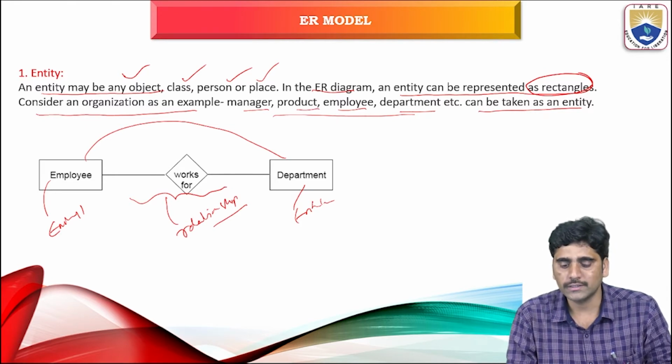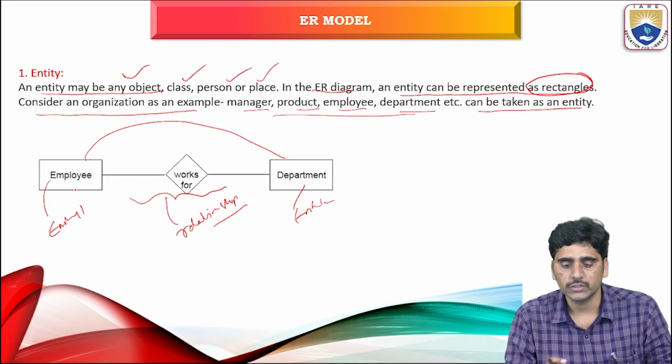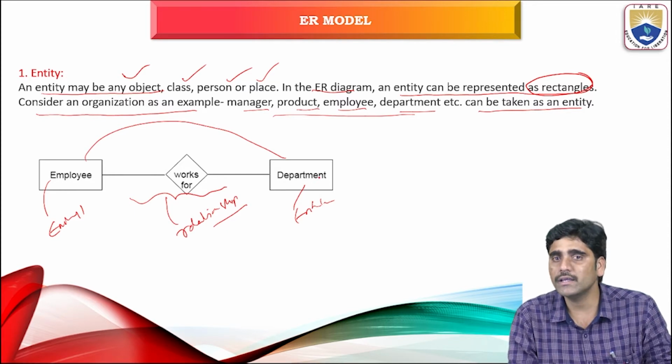Consider for this example, employee and department. These two are entities because these are objects and these two objects show behavior. Employee shows behavior for the department and department shows behavior for the employee.